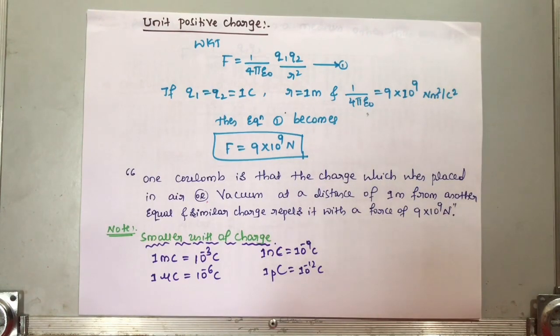The SI unit of charge is coulomb. What is the SI unit of charge? That is coulomb. Suppose you are asked to define the SI unit of charge, it means define coulomb.